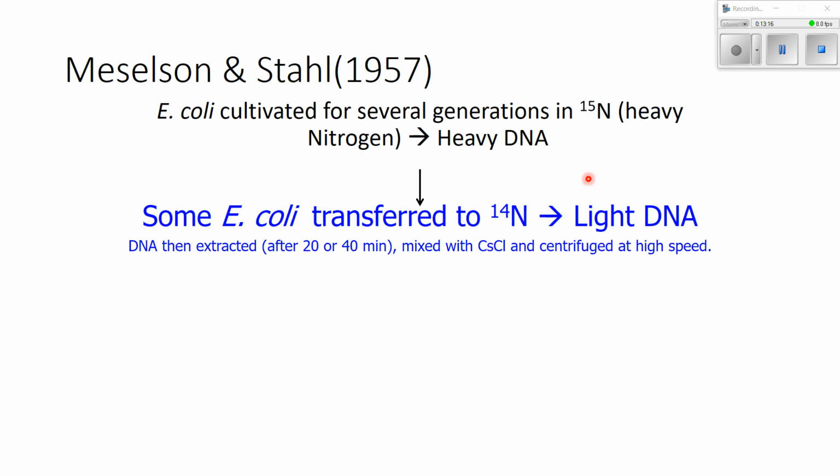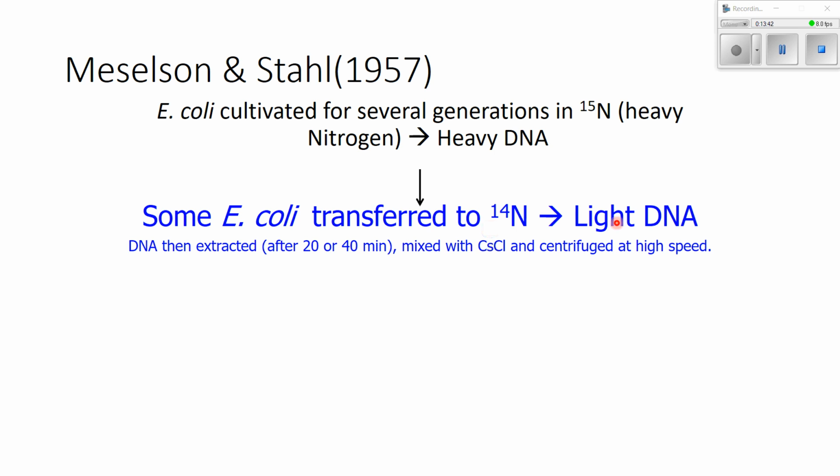Then they took a portion of these bacteria, some of the E. coli, out of this container with the heavy nitrogen, and they transferred them into a new container which has nutrient medium with regular, normal nitrogen 14. So what does that mean?